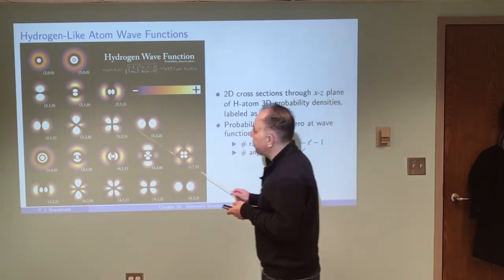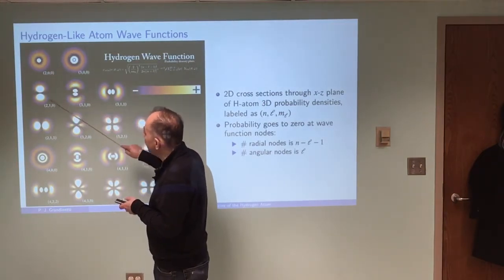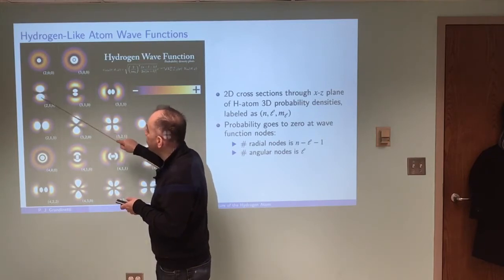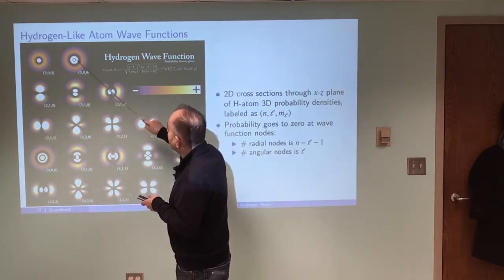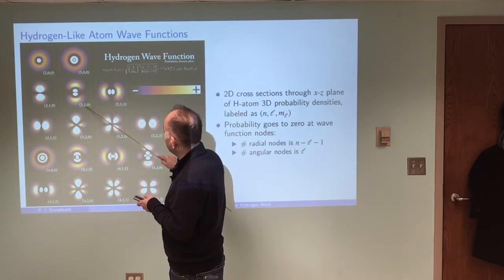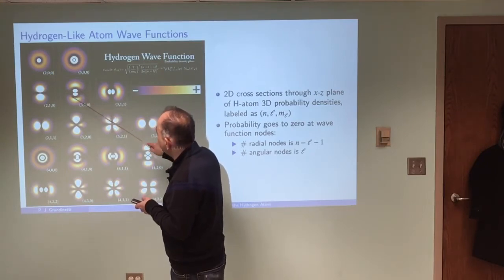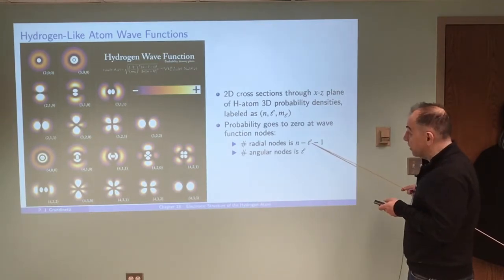For 2s, we have one radial node, but for 2p, we lose the radial node. There's no radial node here. Here is 3s, there are two radial nodes, but when you get to 3p, there's only one radial node. So we're losing radial nodes as L increases.